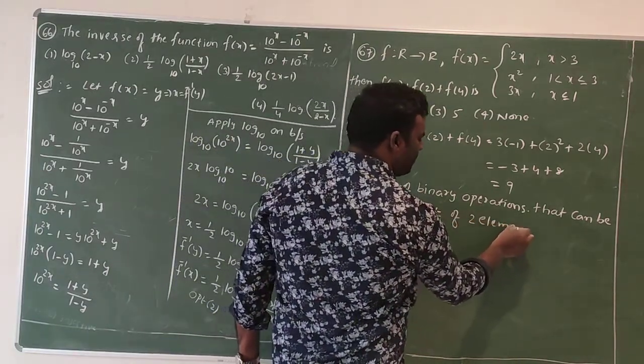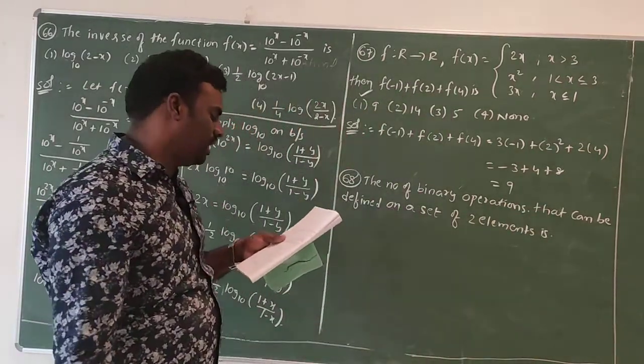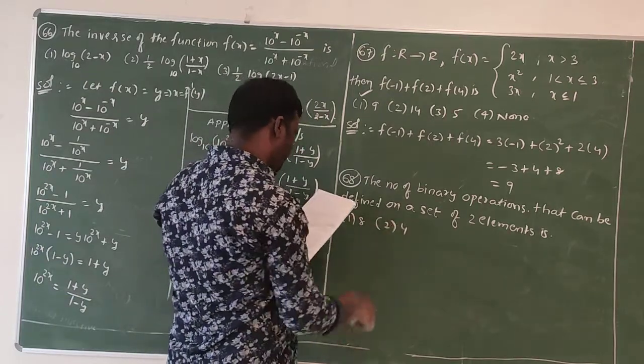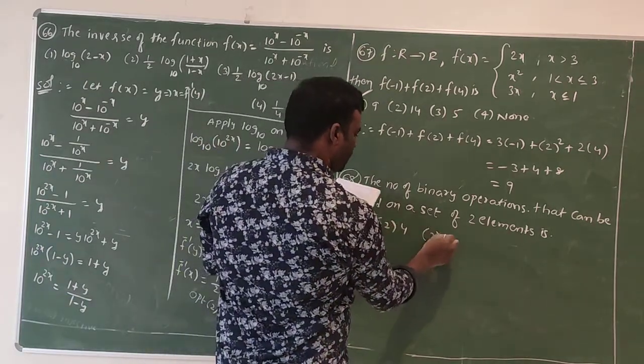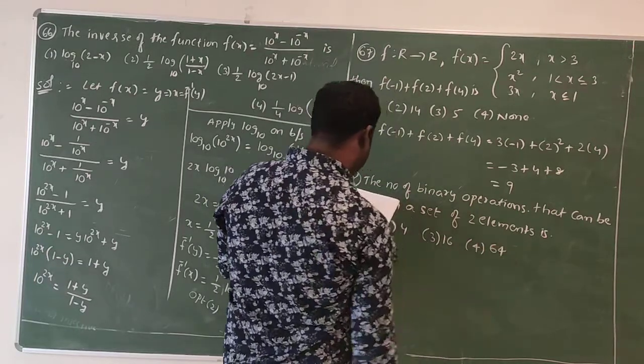The set contains how many elements? 2 elements. We need to find the number of binary operations. First option 8, next option 4, third option 16, fourth option 64.